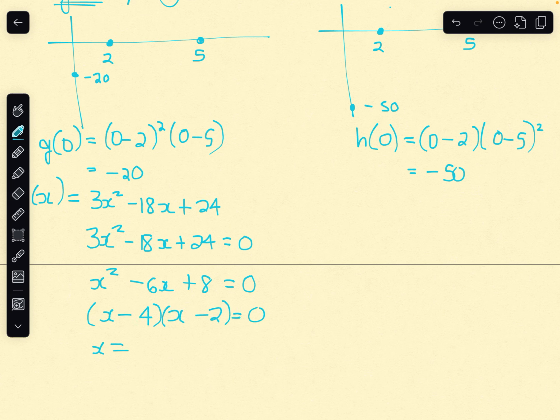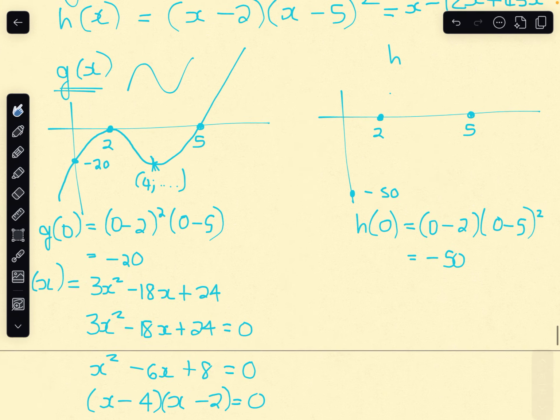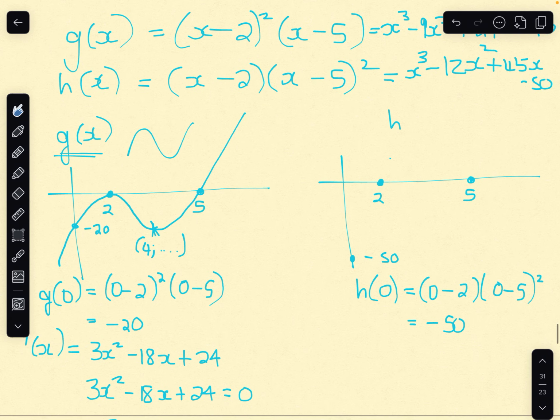So x is either equal to 4 or x is equal to 2. So that's going to be a curve that looks like that, where this is the 4 and the 2 is here.